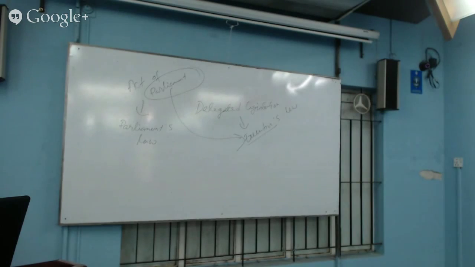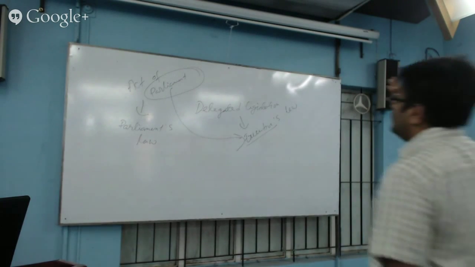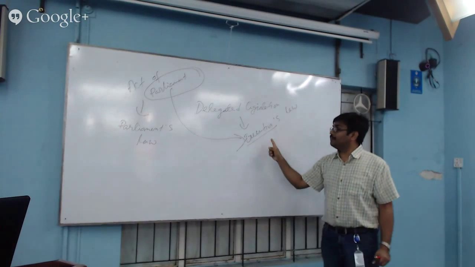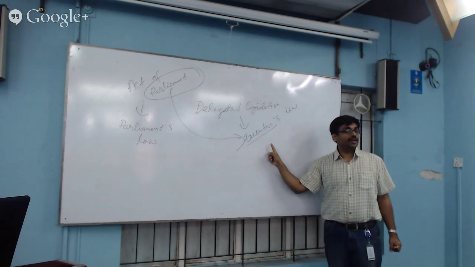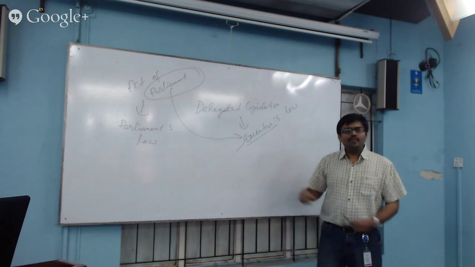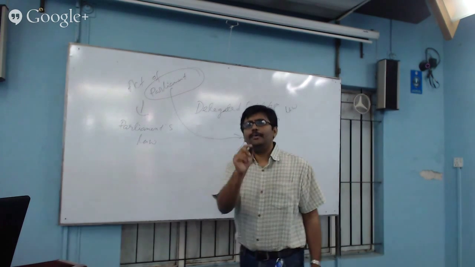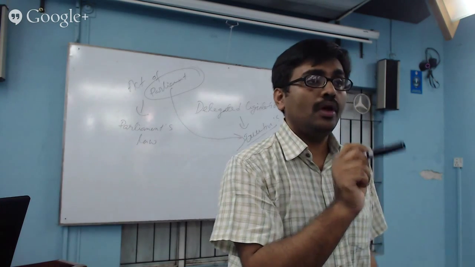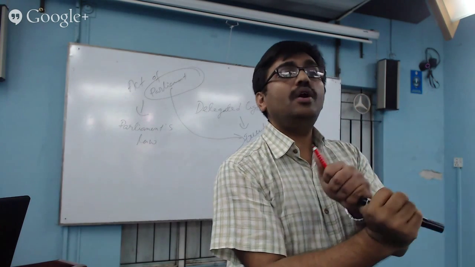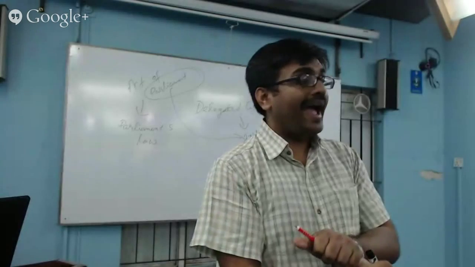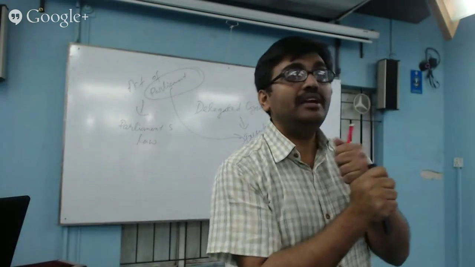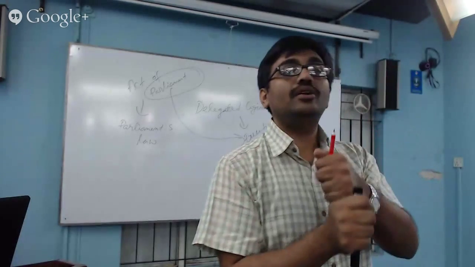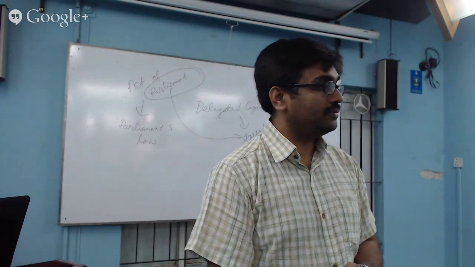The answer is the Parliament delegates its lawmaking power to the executive. More appropriately, when the Parliament delegates its lawmaking power to a competent body or person, and when that competent body or person makes the law, we call that law delegated legislation.